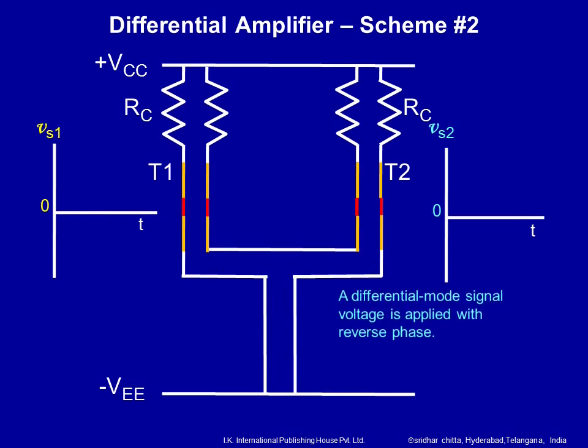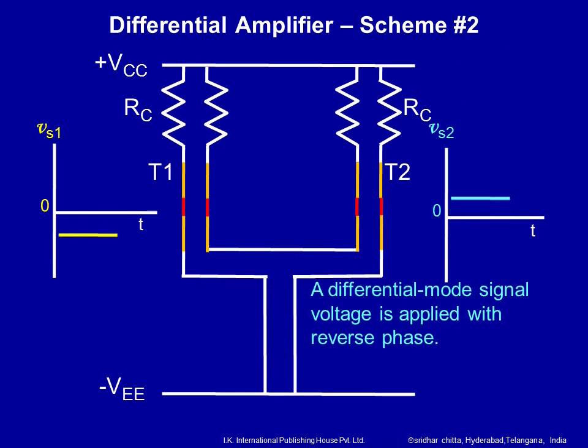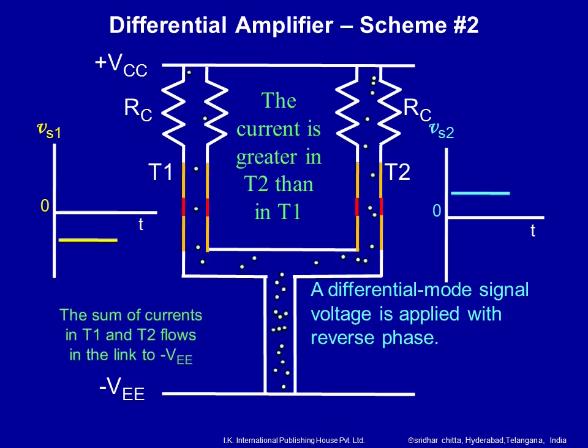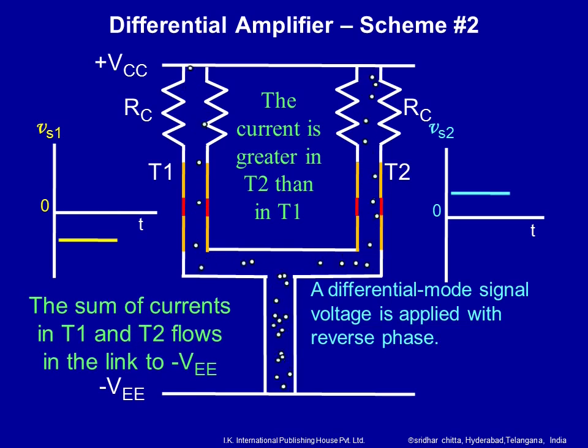A differential mode signal voltage is applied with reverse phase. The current is greater in T2 than in T1. The sum of currents in transistors T1 and T2 flows in the link to minus VEE.